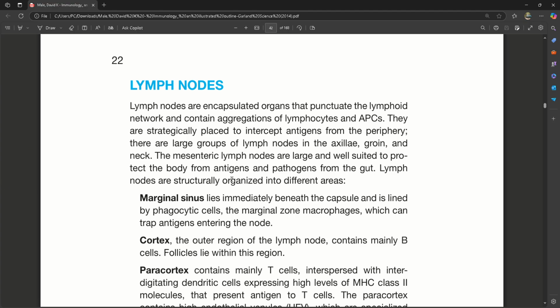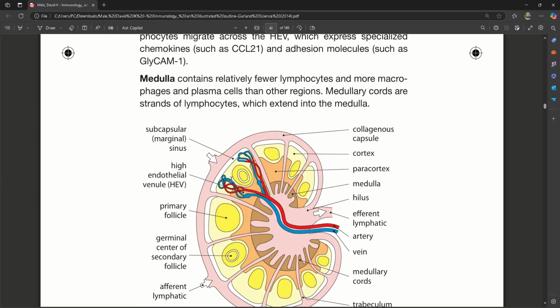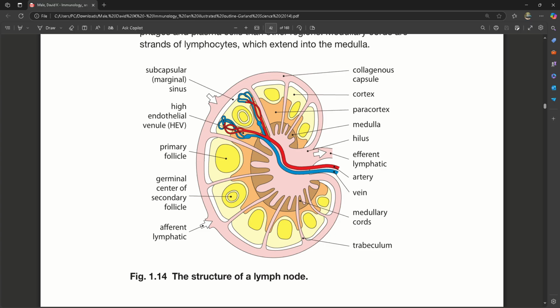So lymph nodes in the lymphatic system, there are lymph nodes, and you can see that they will have these cortical regions and paracortex and medulla, and they will have primary follicles, they will have secondary follicles.